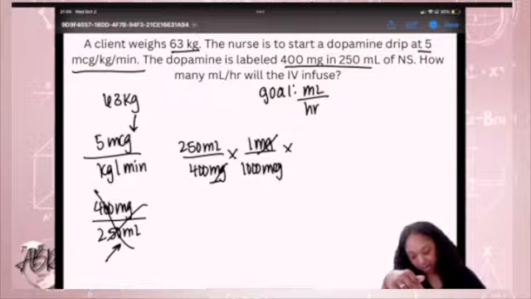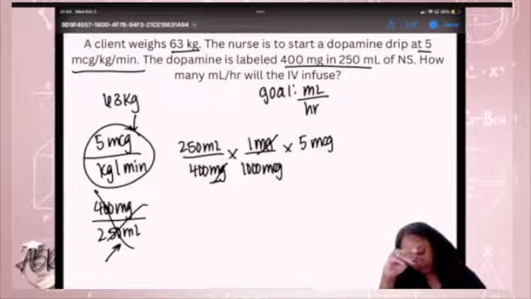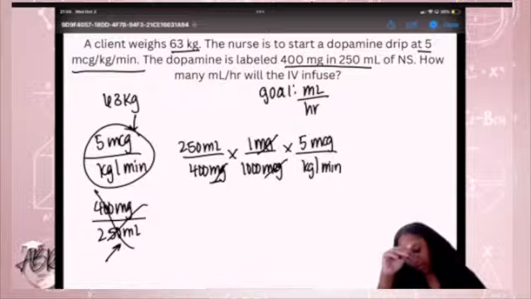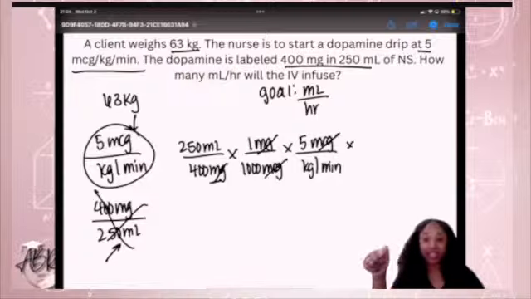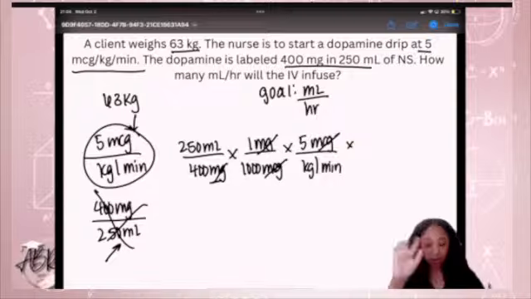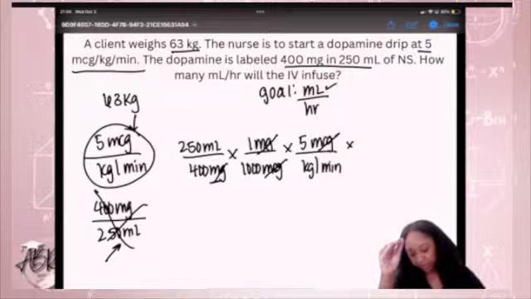So boom, we've got microgram at the bottom. Here we go, 5 micrograms per kg per minute. Microgram crosses out, and now we've got kgs and minutes at the bottom. Both of those have got to go because we already have milliliter at the top. We need hour at the bottom.